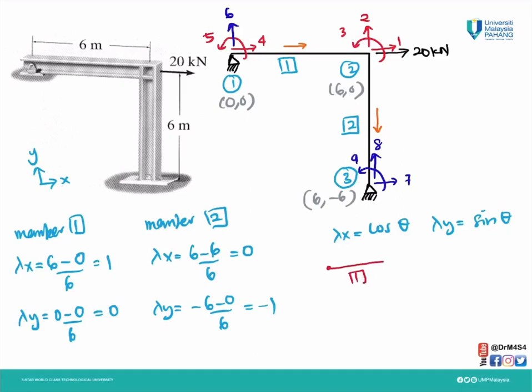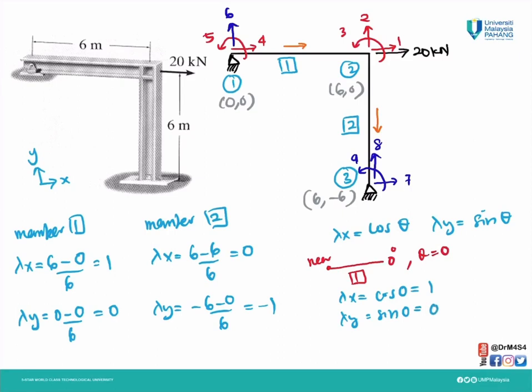For member 1, the angle is 0 degrees, so theta is 0. That means lambda x is cos 0, which is 1, and lambda y is sin 0, which is 0.